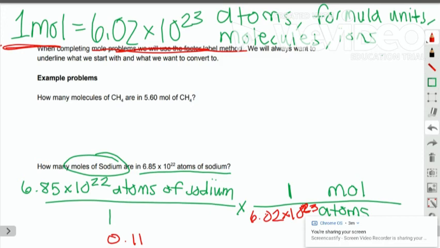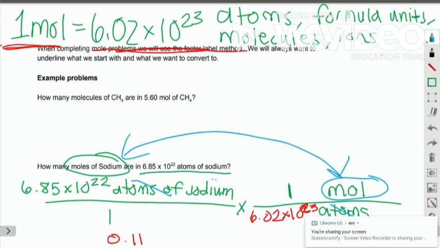Whatever is circled, we can figure out if we got the right answer by crossing off our units. We have canceled out atoms because we are dividing. That will cancel out the units, and then we are left with moles. So we can check that our answer is the same, so we know we did the problem correctly.